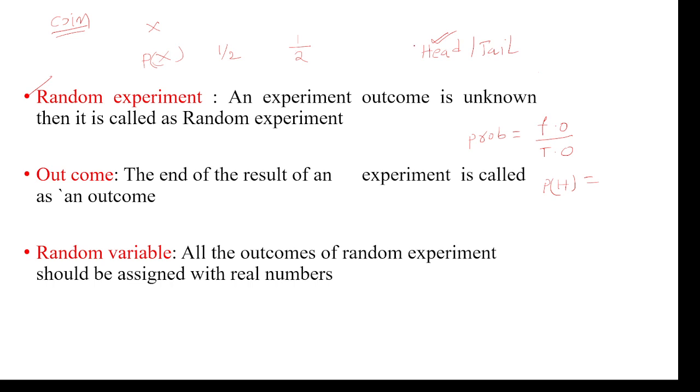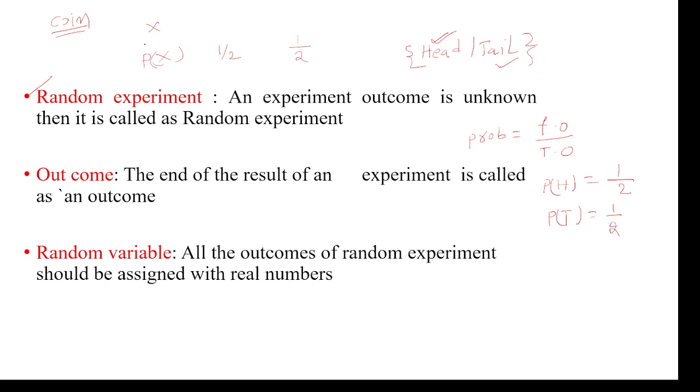Only one favorable outcome out of 2 total outcomes. Similarly, for tail, only one favorable outcome out of 2 total outcomes.